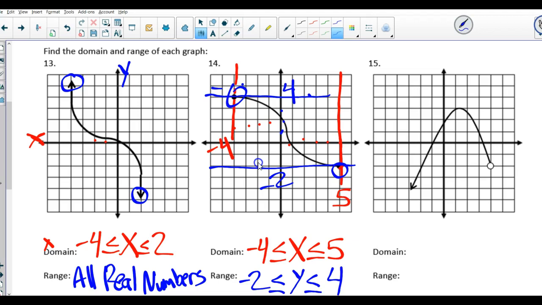Number 15, domain, x's left to right. I see it goes forever to the left, so I cannot crop it anywhere to the left. I can, however, crop it on the right at 1, 2, 3, 4. So the x's, I cannot write it like I did number 14. I do not put that in the middle.